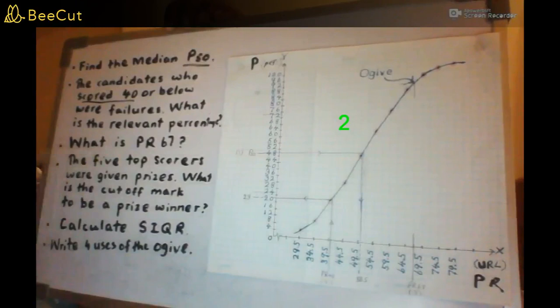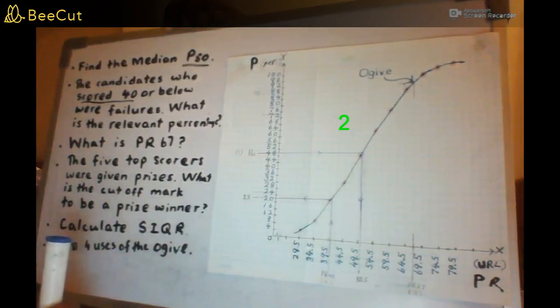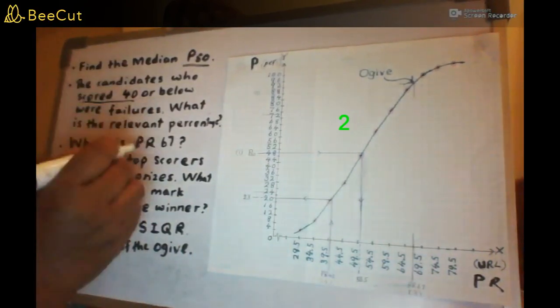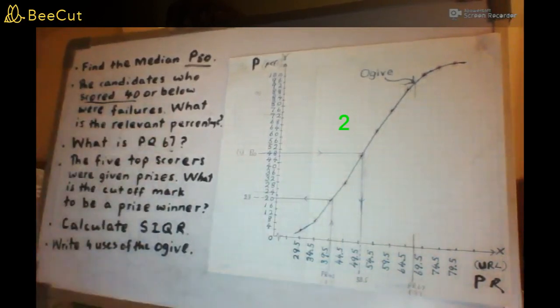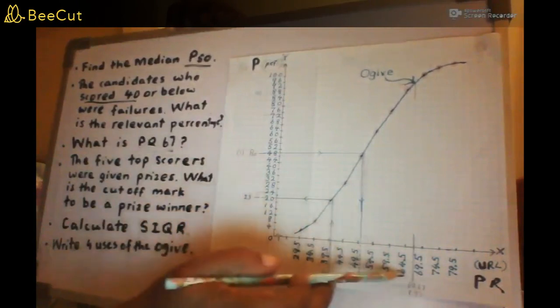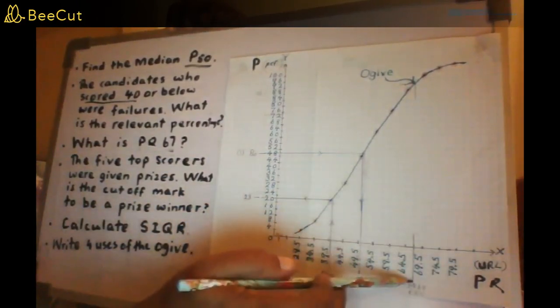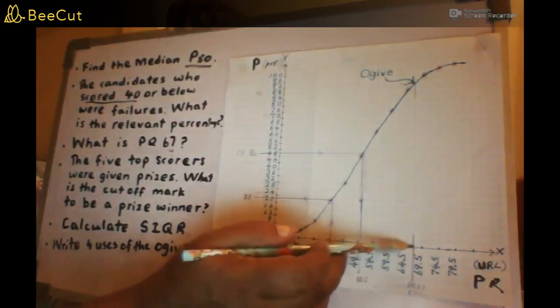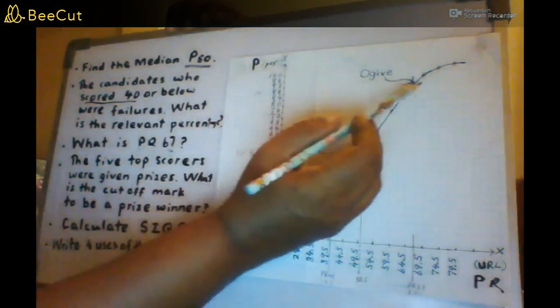Likewise, third one: what is PR 67? What do you have to do? Identify what is given. Given PR 67. So where's PR 67? Go to the PR line. PR 67 is somewhere here. Use your ruler and draw a straight line to the ogive, with the arrowhead upwards.